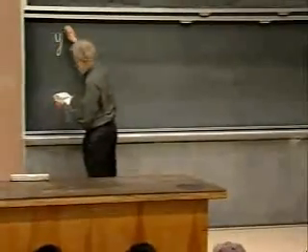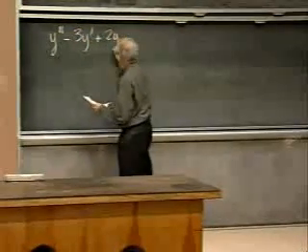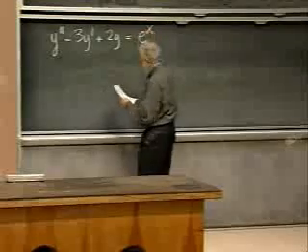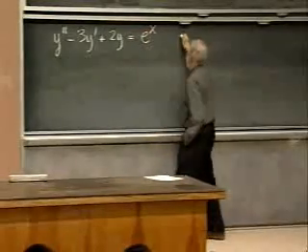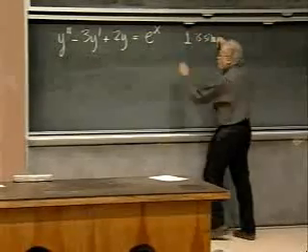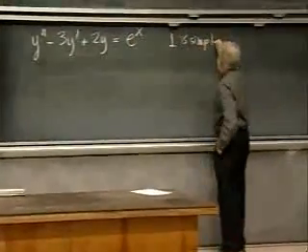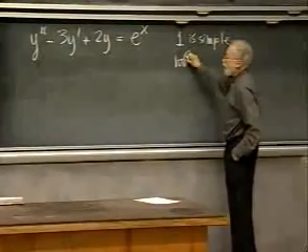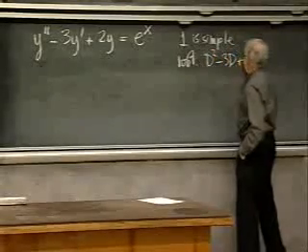y double prime minus 3y prime plus 2y equals e to the x. Okay. Notice that 1 is a simple root. The one I'm talking about is the a here, which is 1. 1 is a simple root of the polynomial D squared minus 3D plus 2, isn't it?